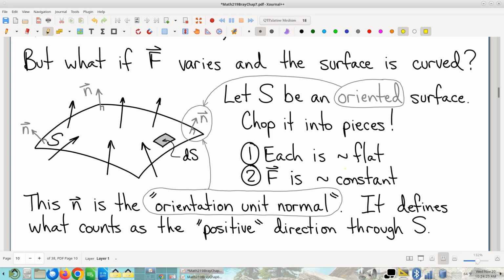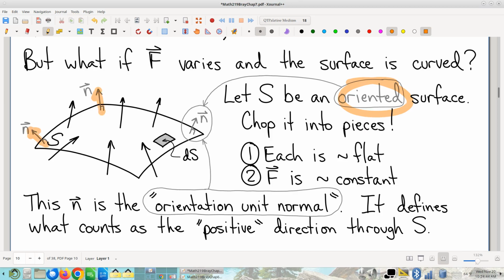I need to be able to distinguish between those. In order to distinguish between those, one's going to be plus and one's going to be minus. Well, I've got to decide which one of those is going to be plus and which one is going to be minus. And we do this by way of what we call an orientation vector.